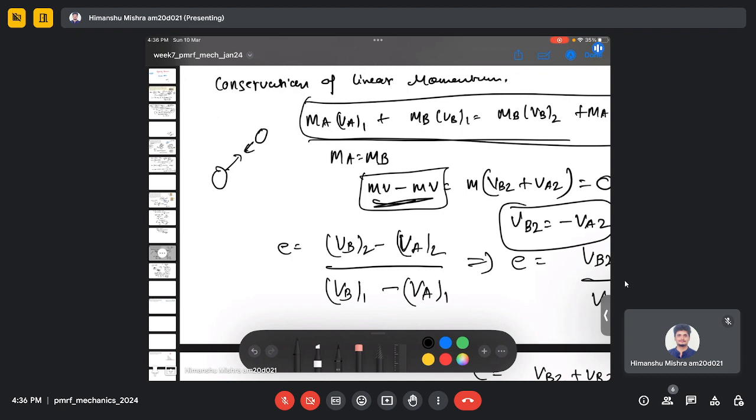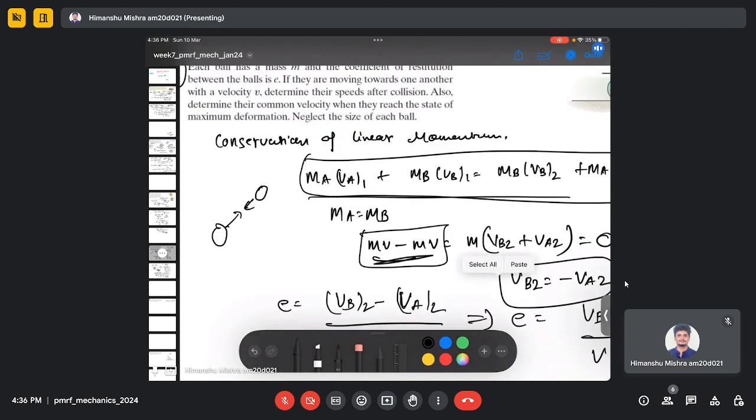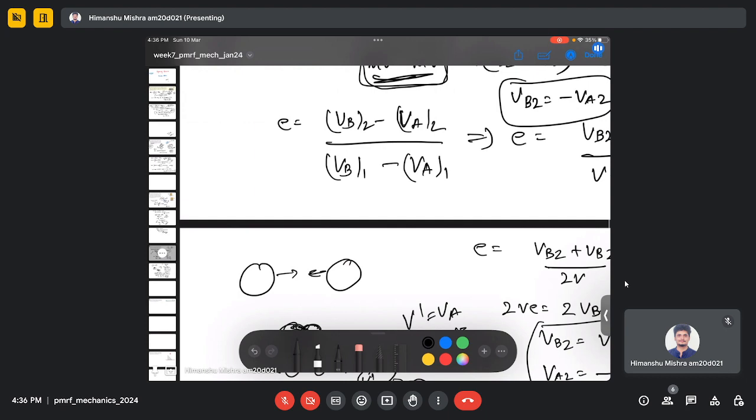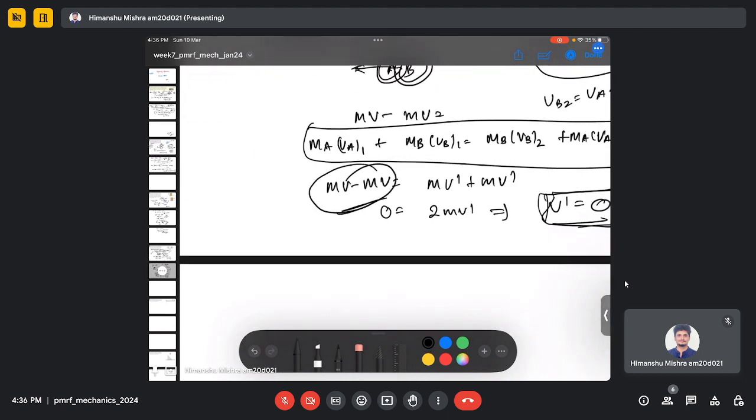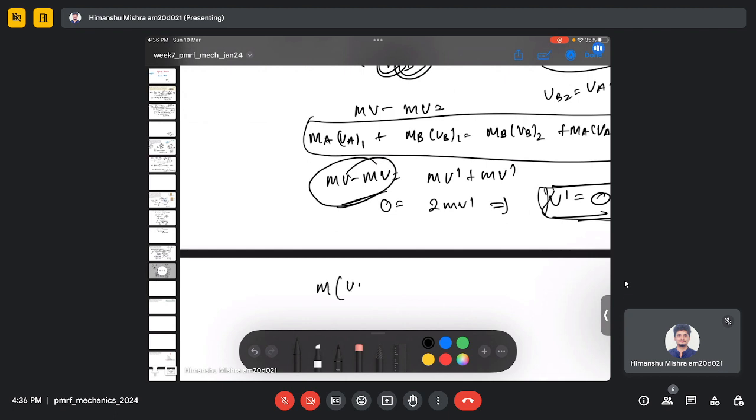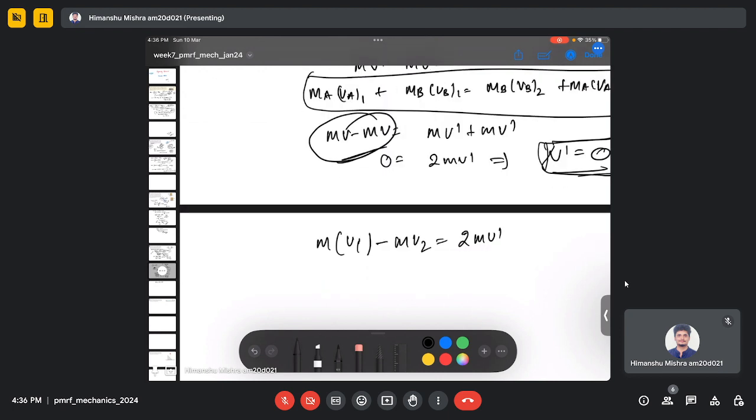And this condition is only valid when the mass is the same, because we saw that on the left-hand side the mass is the same and the velocity is the same in magnitude. If, let's say, the velocity is different in magnitude, then what happens on the left-hand side? It will be v1 minus v2. So here my velocities are now different. So it will be vA minus vB. So these are my initial velocities.